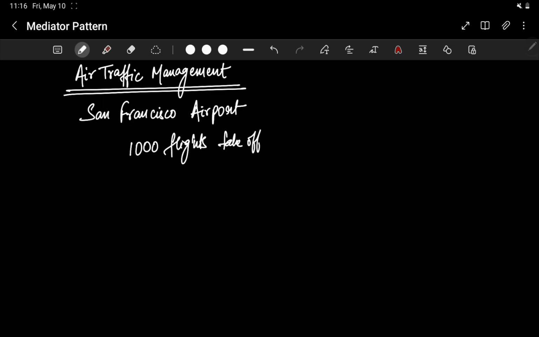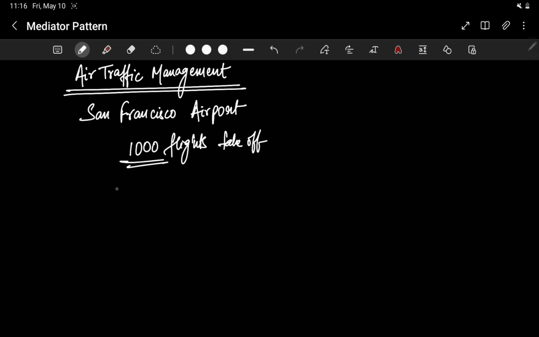Okay, I think the number is more. Let me just Google it. So the number is around 1,300 for 2019. So I was close. 1,000 flights take off and land per day at SFO Airport, San Francisco Airport.